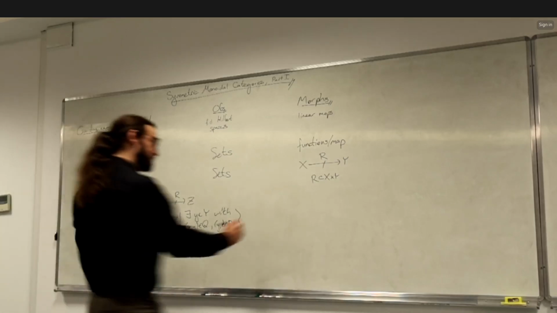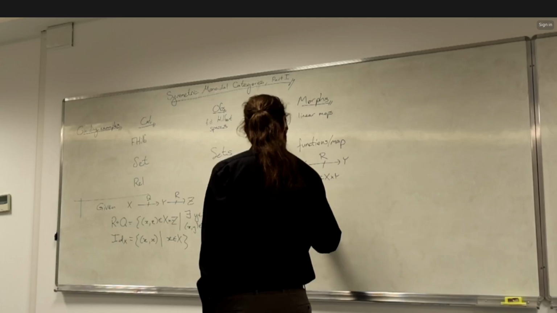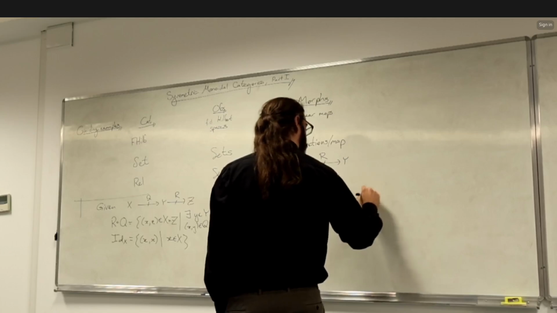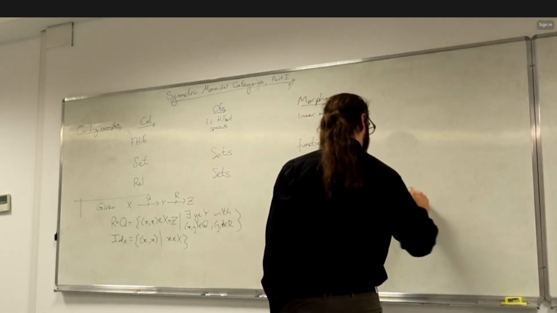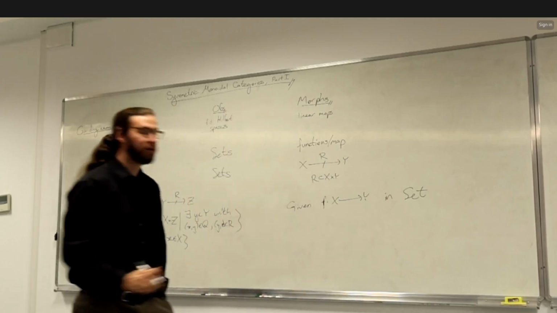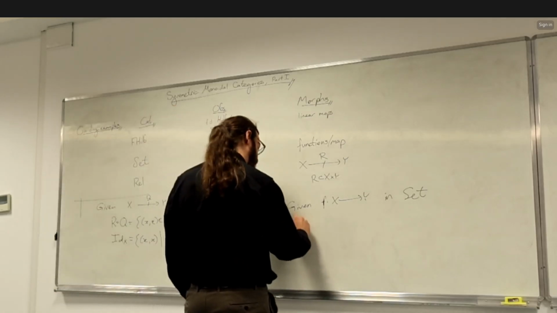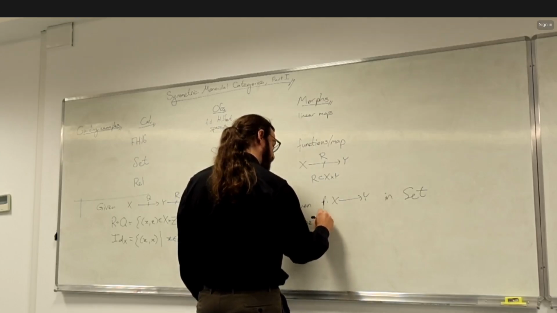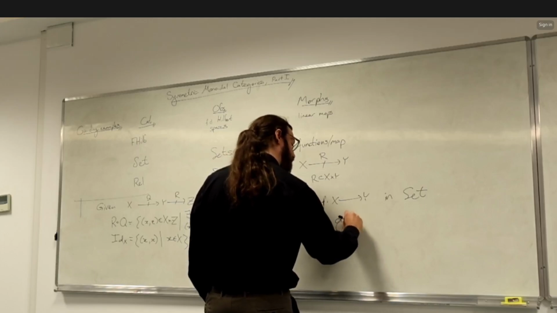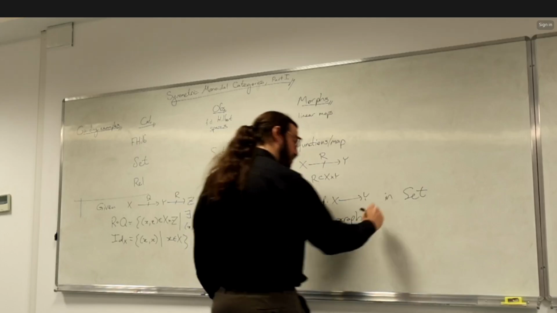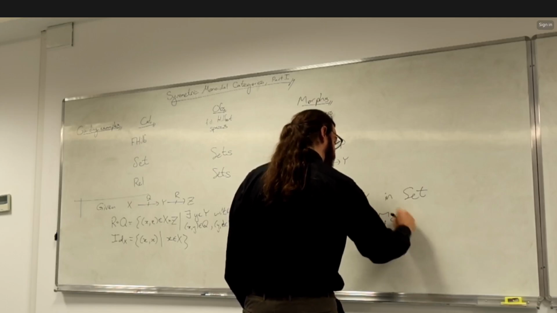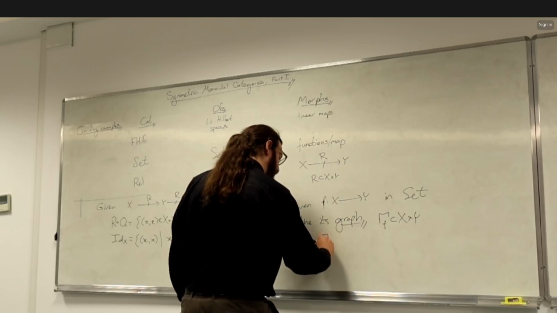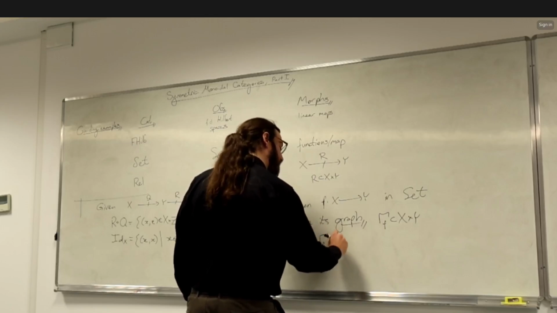So given a function f from X to Y, a morphism in the category Set, we can define its graph, which is a relation Gamma f, a subset of X cross Y, just defined by, well, what you would usually expect the graph to be.